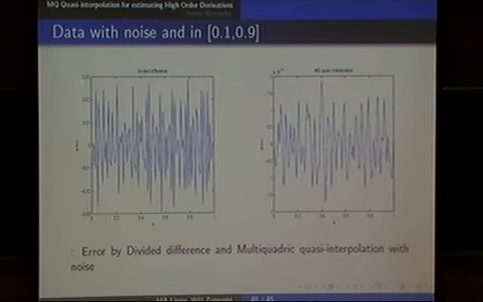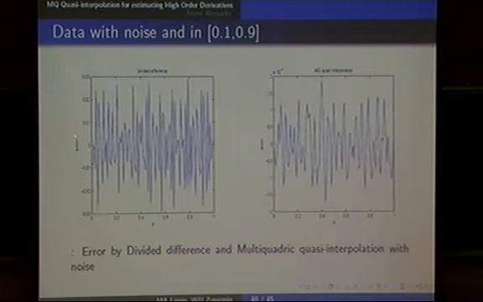Here is 0.03, and here is 0.002. The amplitude is smaller than with the divided difference, and on the other hand the frequency is better too.